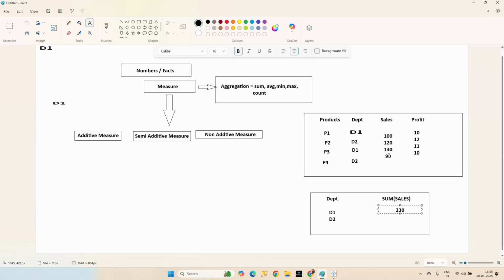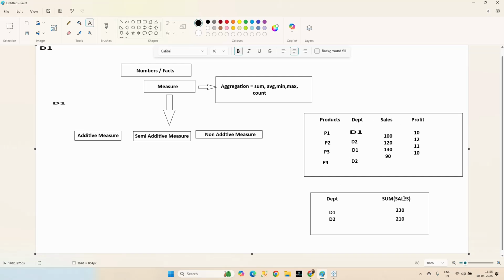D2 total sales is 120 plus 90, which is 210. So now you apply aggregation on department, and sales for D1 is 230 and D2 is 210.